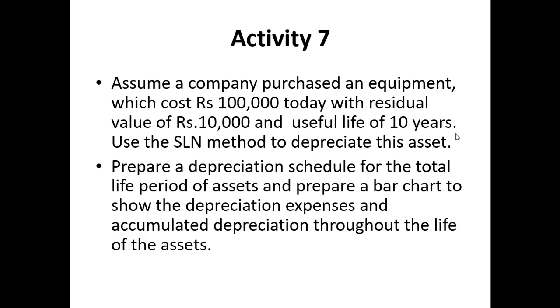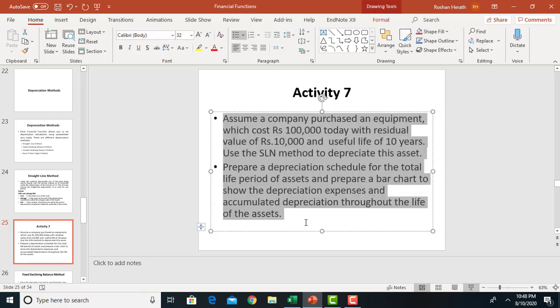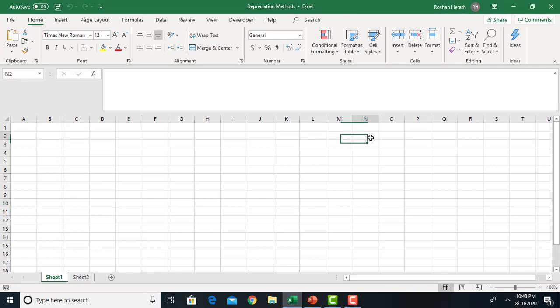Use the straight line method to depreciate this asset. Thereafter you've been asked to prepare the depreciation schedule as well. Now let's take this question to the Excel sheet and see how to work this out. It's a pretty simple scenario, but we may see how to work this out.